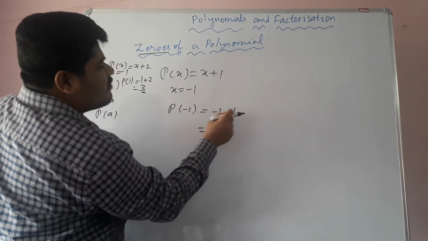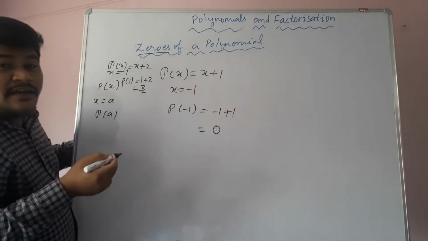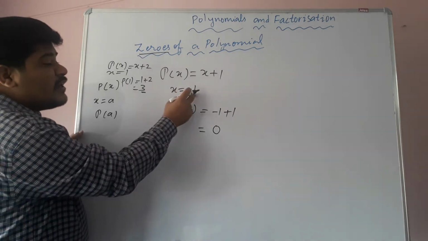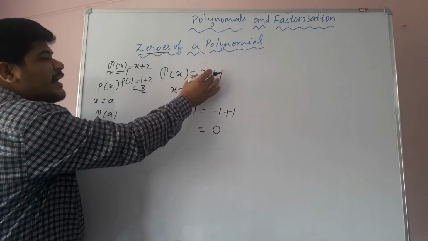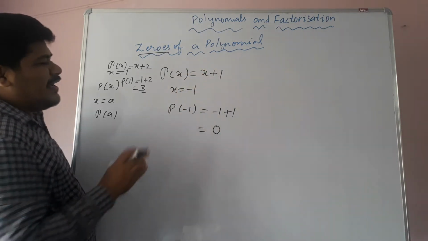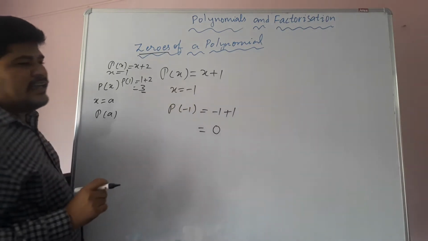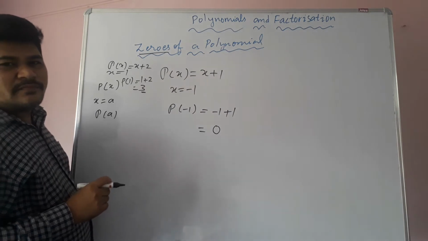What is negative 1 plus 1 value? 0. So what happened here? x is equal to minus 1 makes our expression x plus 1 as 0. So we can say x is equal to minus 1 is a zero of the polynomial x plus 1.